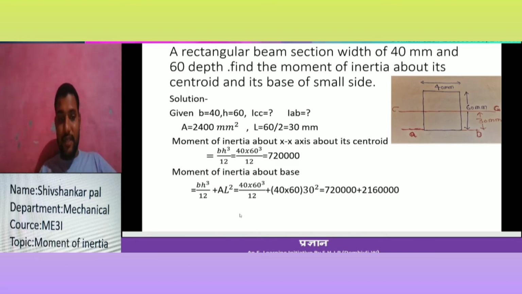Put in the values, then obtain the moment of inertia about the base axis. That's clear. I will continue. Simply, this question asks for the moment of inertia about the centroidal axis, here, and the moment of inertia about the base, here. Okay.